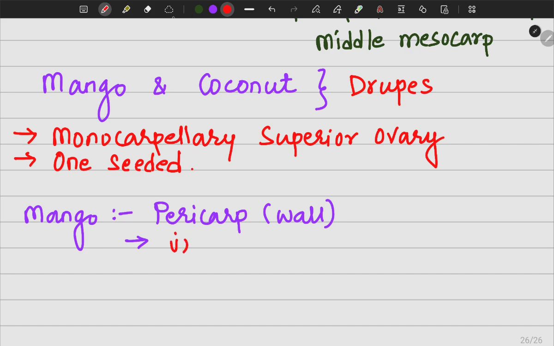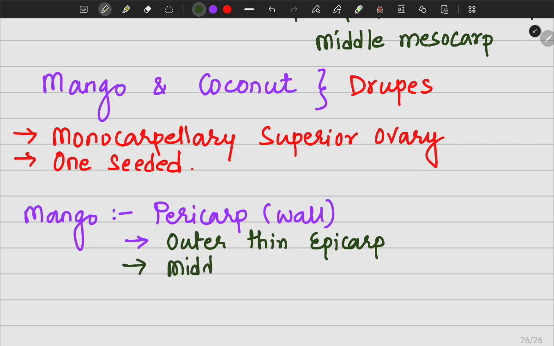It has an outer thin epicarp, which forms the peel of the mango. Then it has a middle fleshy mesocarp, which is usually edible.